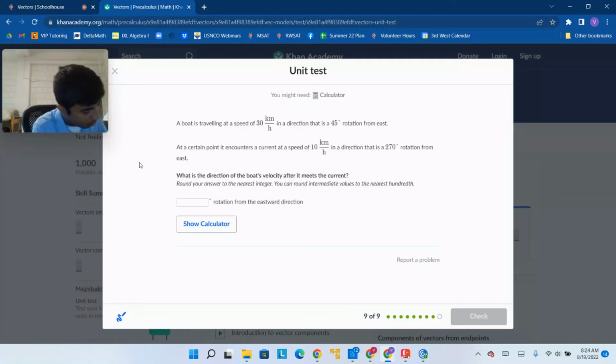So I have 21.21 and 21.21. Now we also have 10 going down, so the full vector is going to be 21.21 to the right and 11.21 up.